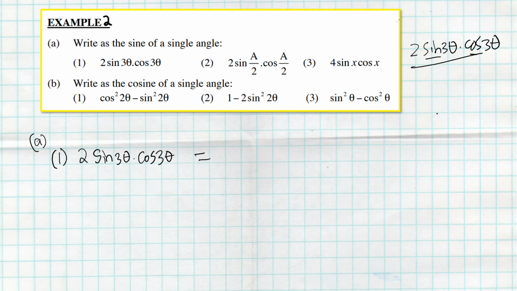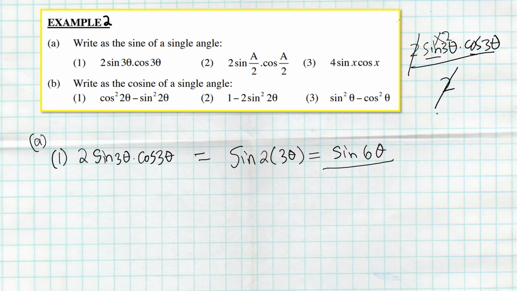So divide the whole expression by 2. 2 and 2 cancel out each other. Then when there is sine, you multiply the angle by 2. Then it will give us sine 2 into 3 theta, which is going to be sine 6 theta. And that will be the answer for that one. So you need to know how to reverse, right?